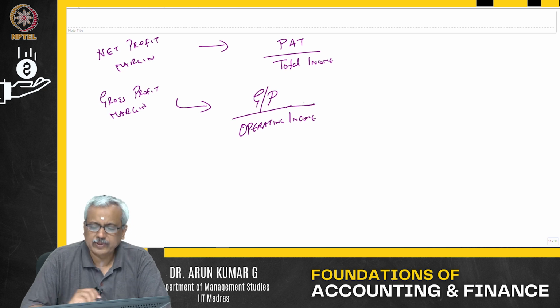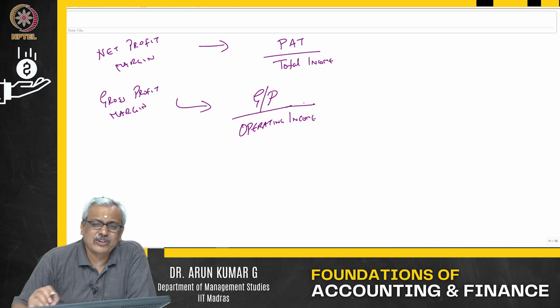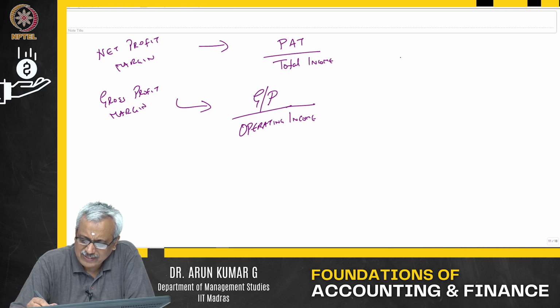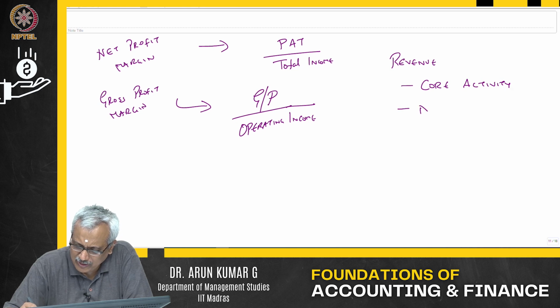Now, what is the difference between these two? If you look at an annual report, a P&L statement, for example, every organization will have revenue from core activity and revenue from non-core activity.